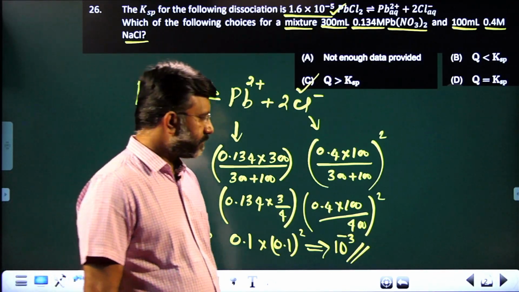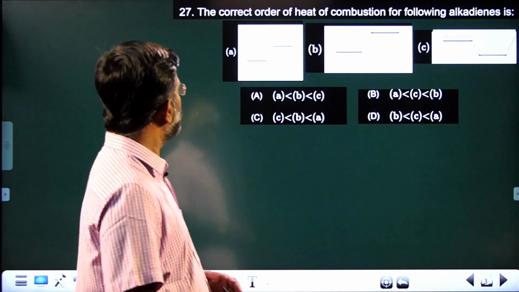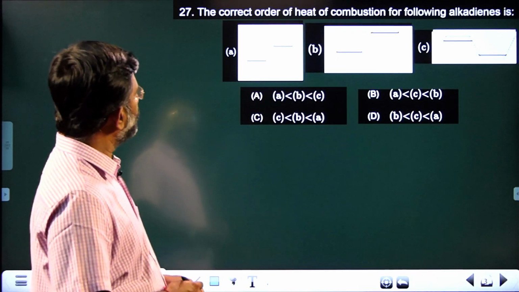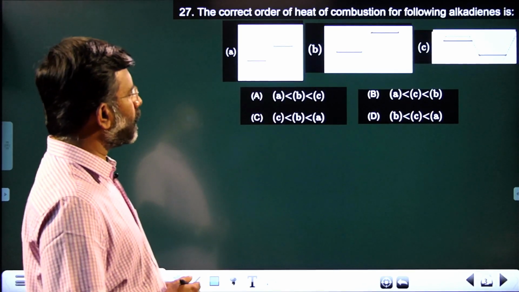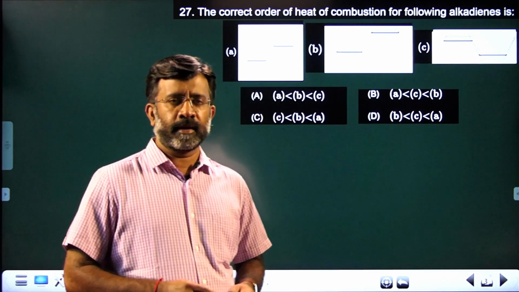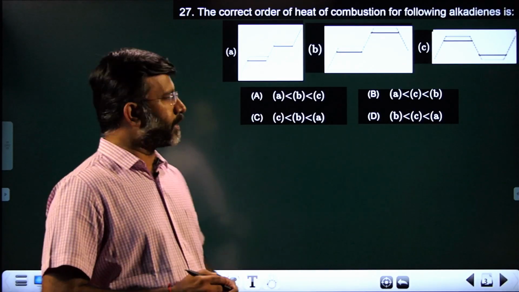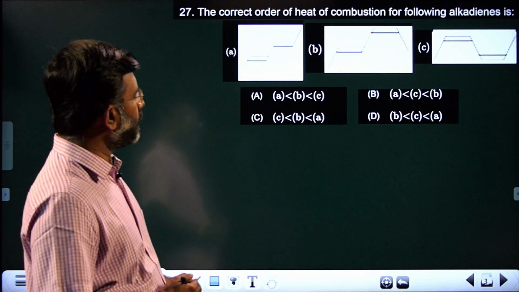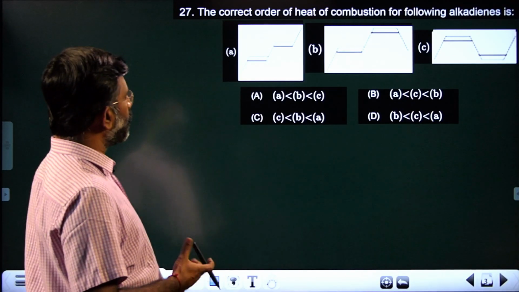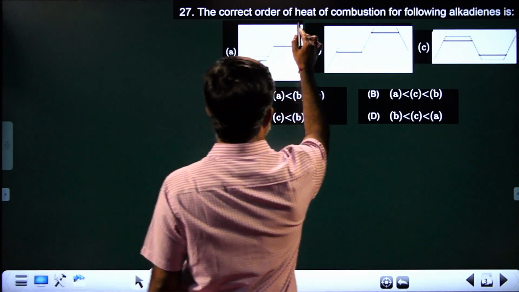Next question. Question 27. The correct order of heat of combustion for the following alkadienes. There are 3 alkadienes given, A, B, C, and we are asked for the correct order of heat of combustion.